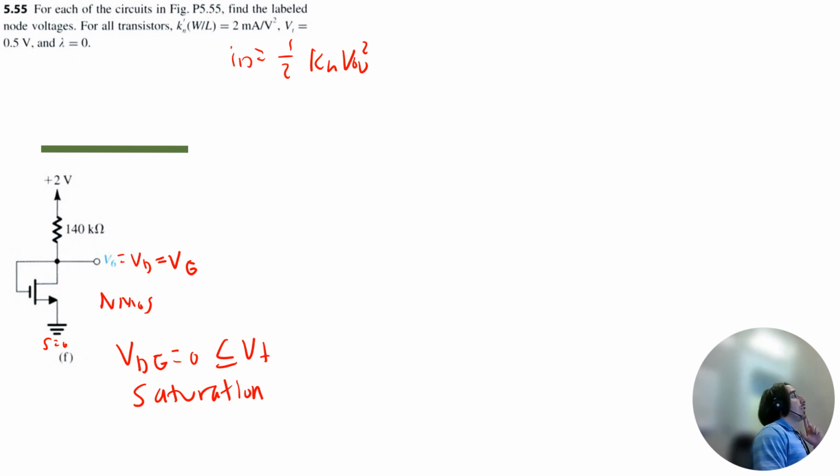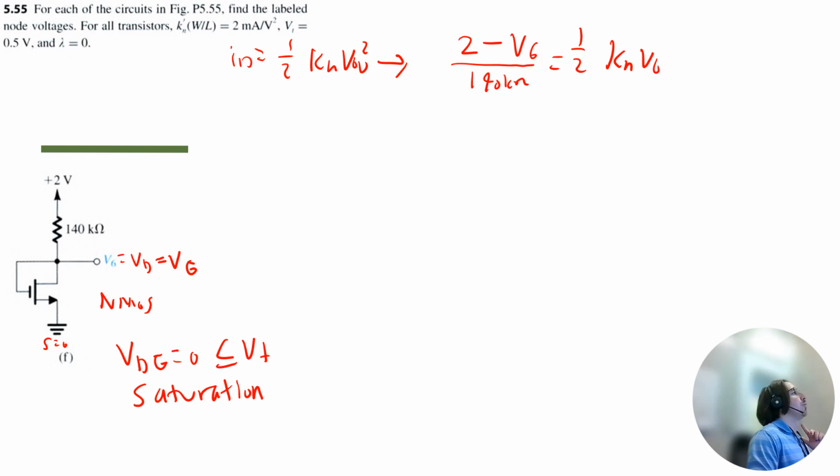We can express current using nodal analysis as 2 minus V6 divided by 140 kiloohms. We can set that equal to 1/2 times Kn times V overdrive squared. So right now we have 2 variables and only 1 equation. So we need to probably express V6 and V overdrive in terms of VG or VGS.